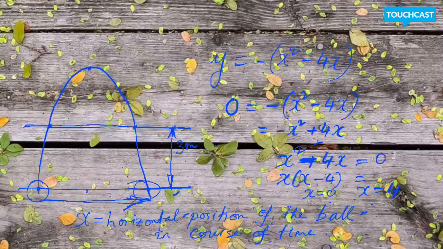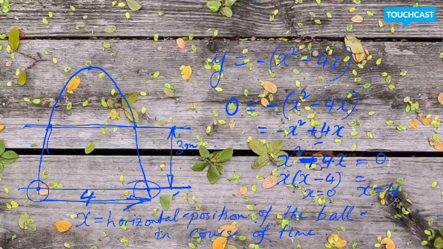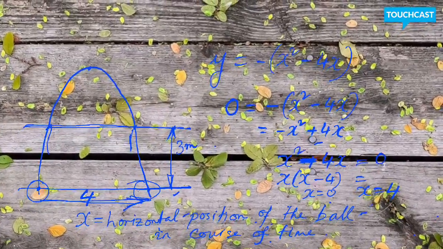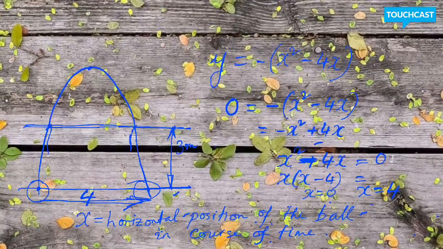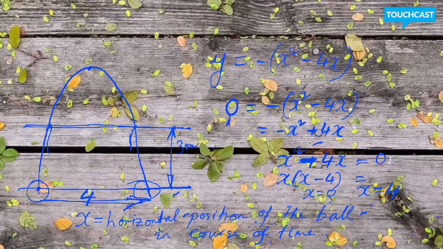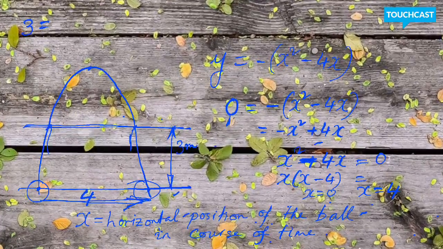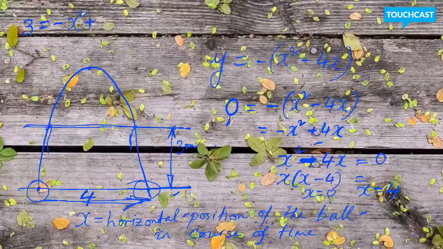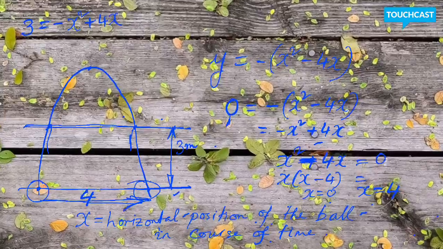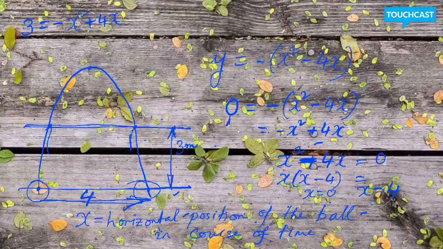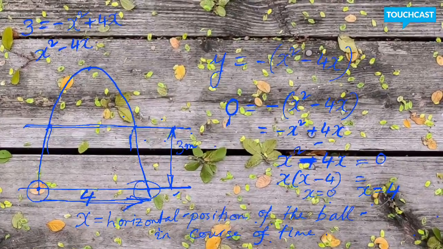So we figured out something. This is 4 meters. Now it's a matter of finding that distance. The only thing the students have to understand is that y is no longer 0. This will be 3 equals negative x squared plus 4x, and then I do a little bit of rearrangement of the equation, which should be easy for the students at this stage.